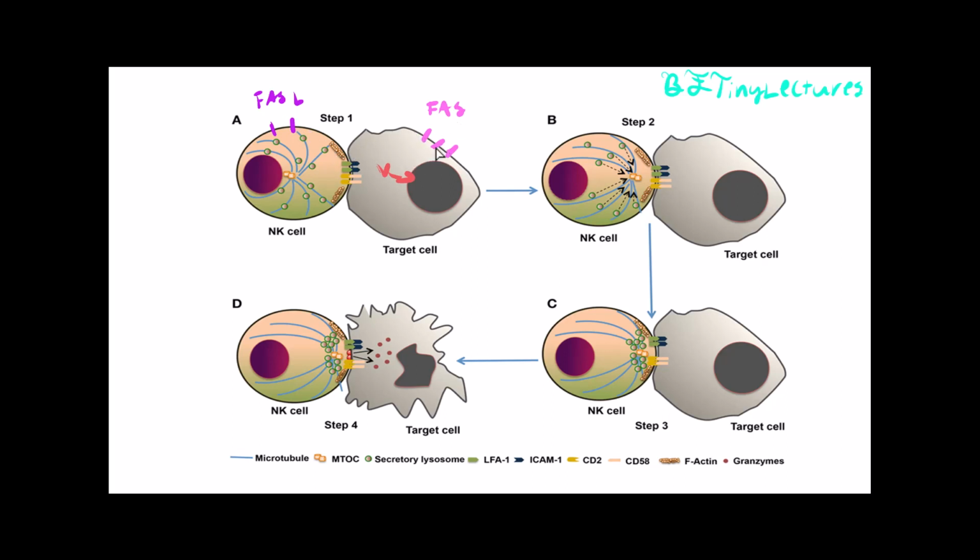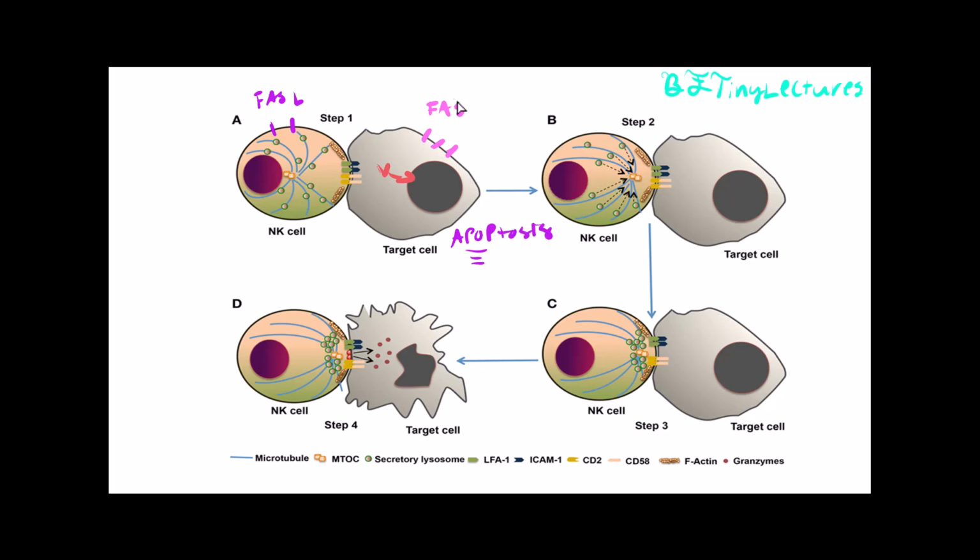The FAS is only sent out into the membrane when there's something wrong with the cell, and the cell is telling the natural killer to say, hey, I'm infected, I need to be eliminated. When the natural killer cell binds to the FAS, it will trigger a response inside the target cell that explodes it. So this is called apop, because we're popping it, apoptosis.